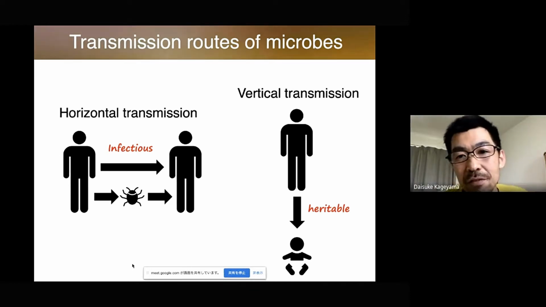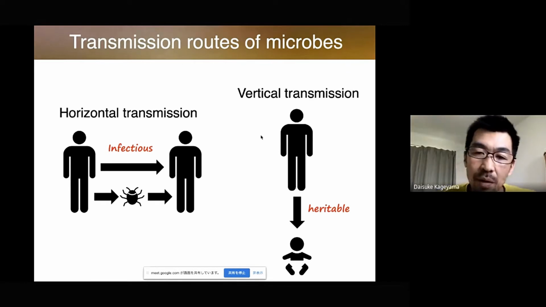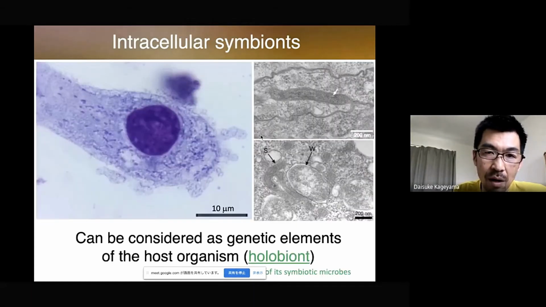And the second one is vertical transmission. Vertical transmission involves heritable microorganisms that are transmitted from parent to offspring. Particularly in arthropods, including insects, the female typically transmits the microorganism to offspring because some of them have a variety of microorganisms inside the cells.